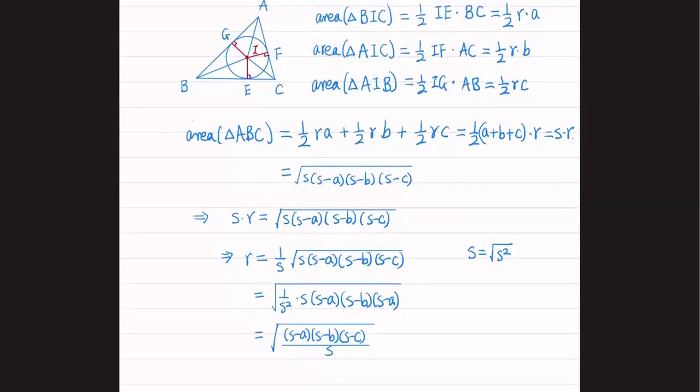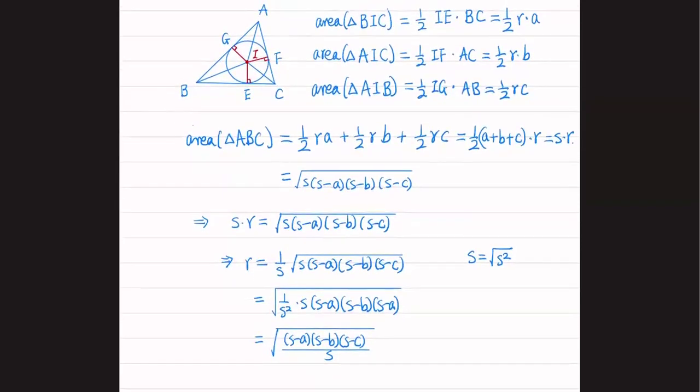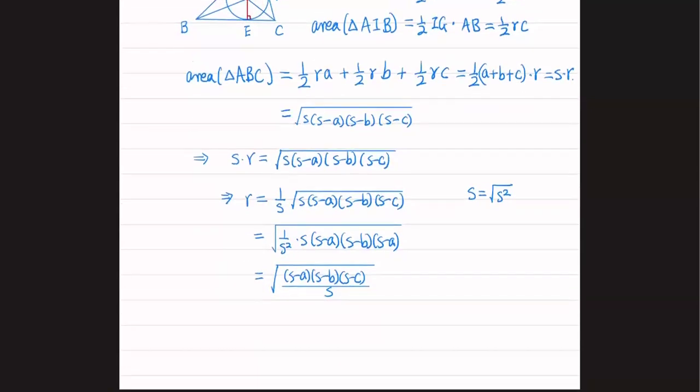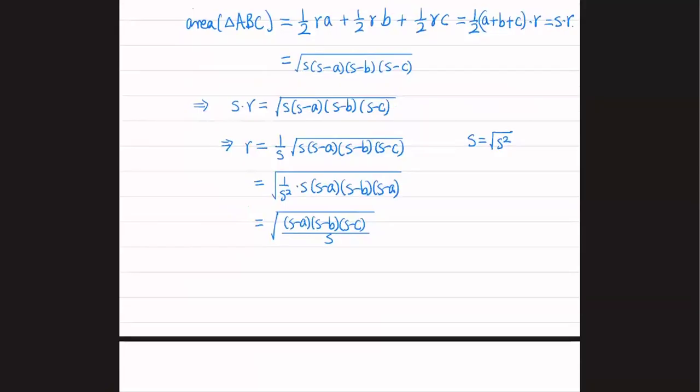We are going to give a name for this. So this circle is tangent to all three sides of the triangle. We will call it the inscribed triangle. The inscribed circle, I'm not sure what I said before. It's the inscribed circle of the triangle.